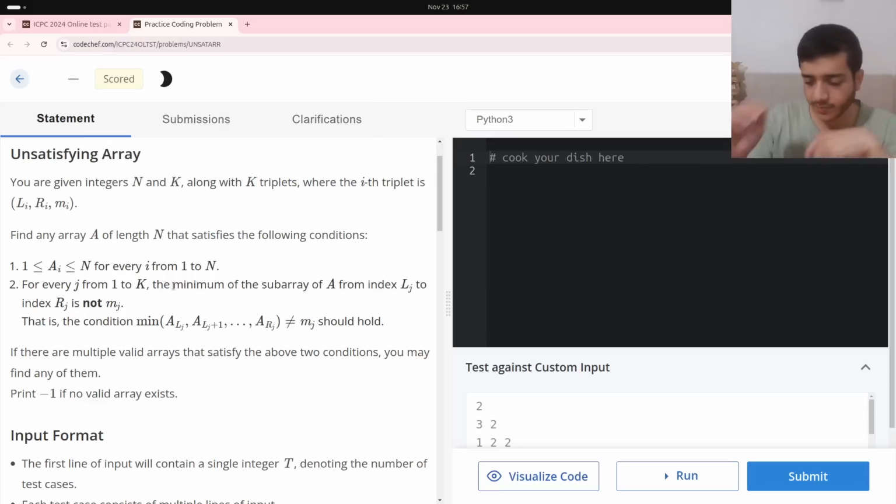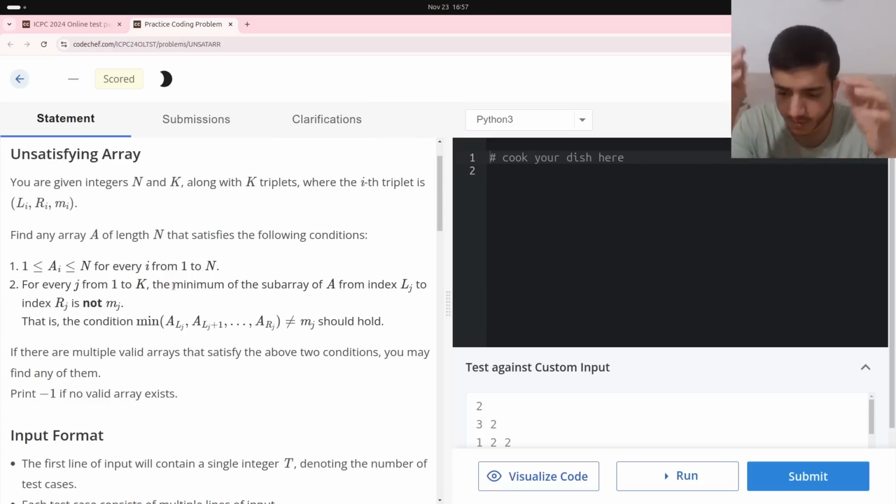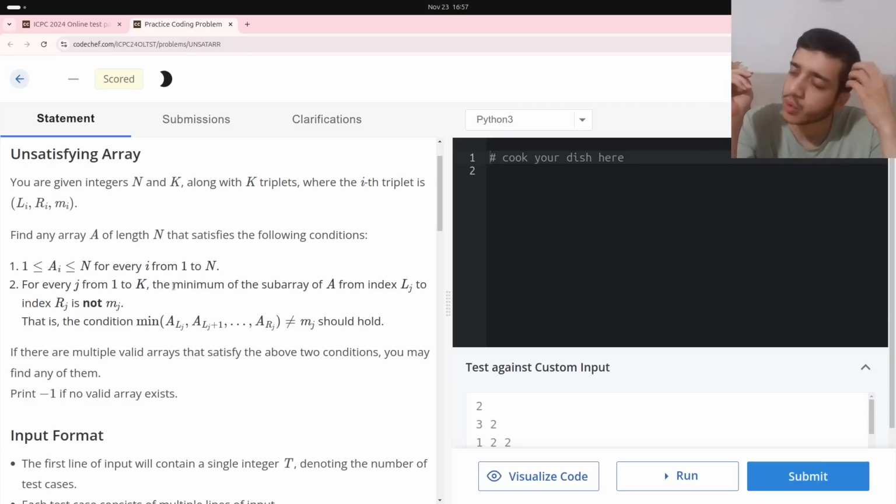So okay, we have something like an n times n board, n rows, n columns.